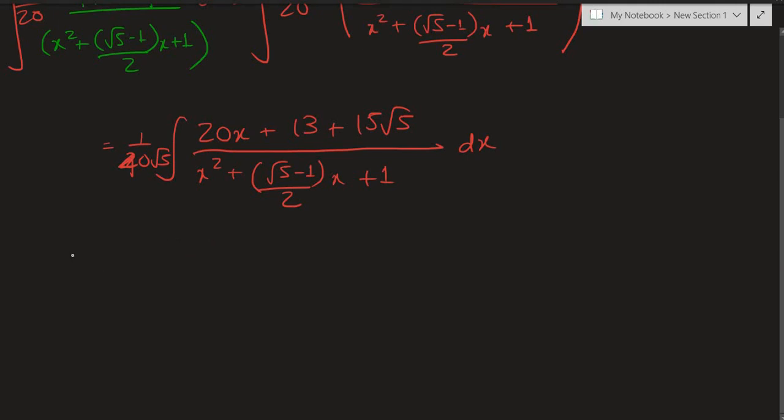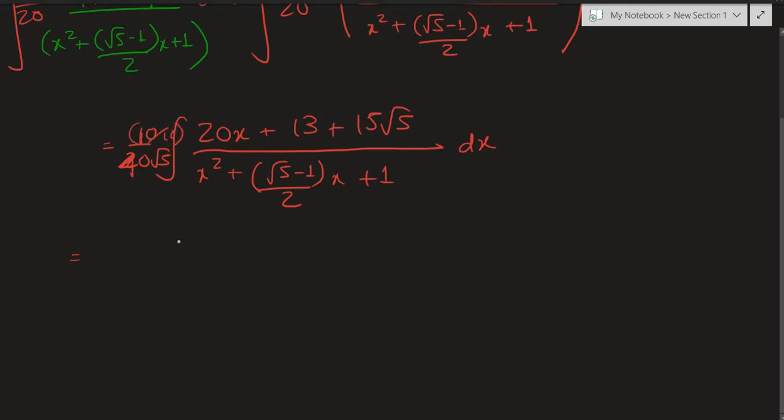So now we can do the game of matching the derivatives of the denominator in the numerator. So we basically need to duplicate the derivative of the denominator in the numerator again, like we did for a previous section. So for that we need a 2x, right? So the leading term should be 2x. So we can divide by 10, so that 20 by 10 becomes 2. When we divide by 10, we're going to also have to multiply by 10 to maintain equality. So multiplying and dividing by 10, let me write a 10 like this.